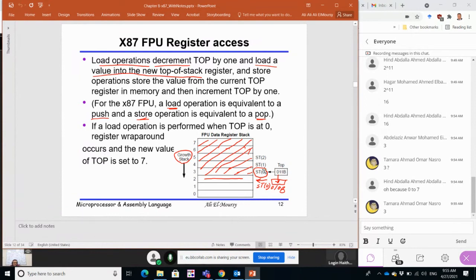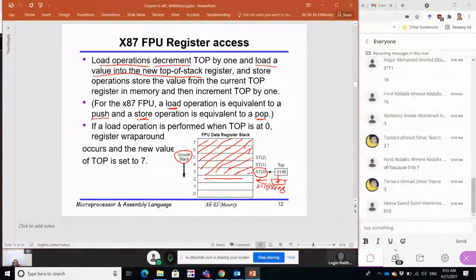The top of the stack will be decremented by 1, so the top will have the value 010, and it will go read the data from the memory and put it into register number R2. So the load instruction here, which in x86 is the move instruction, here we don't call it move, we call it the load instruction.